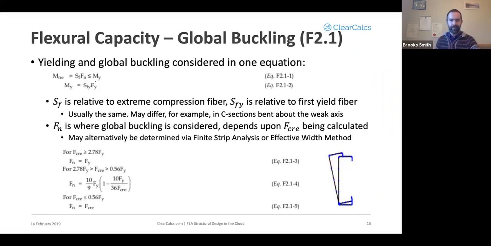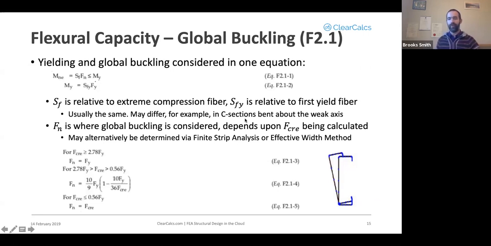If you have a symmetric section, such as a C or a Z section, bent about its strong axis, they're going to be exactly the same thing. Where it could differ is, for example, when you have a C section bent about its weak axis, where you may have, for example, a tension yield occur before your first compression yield in the cross section.